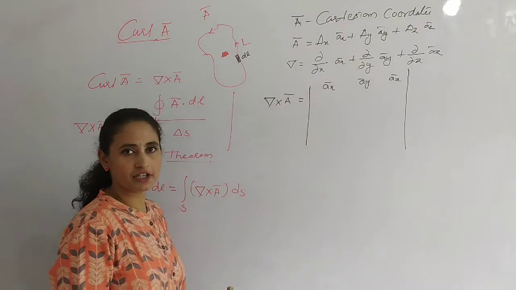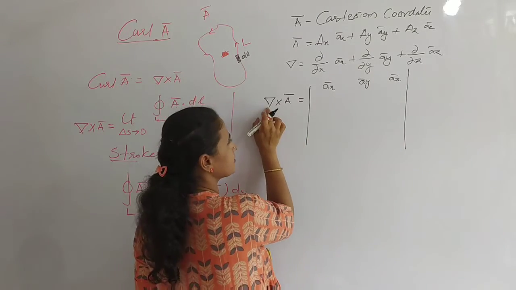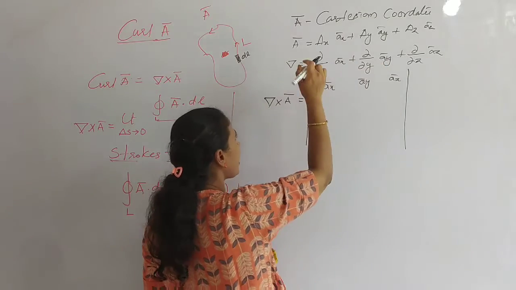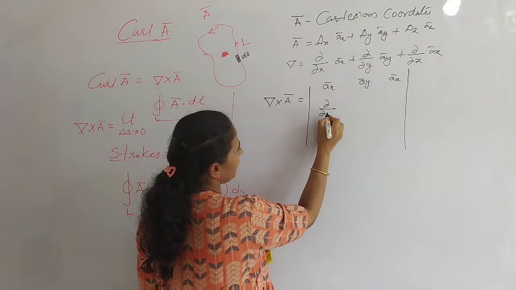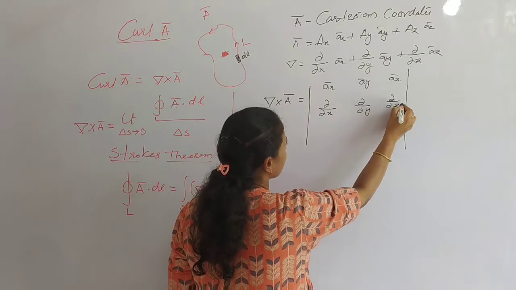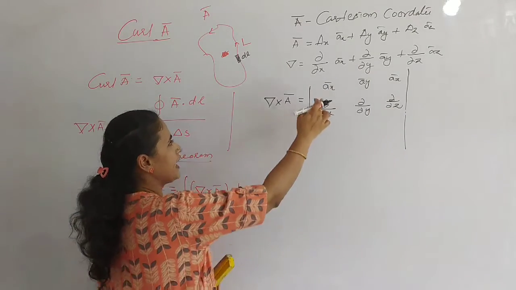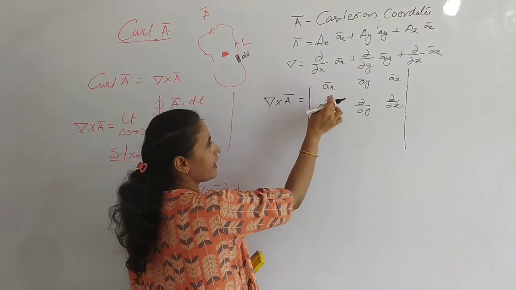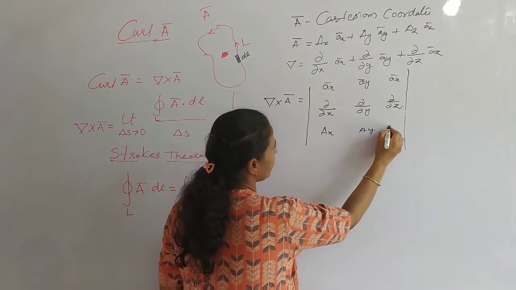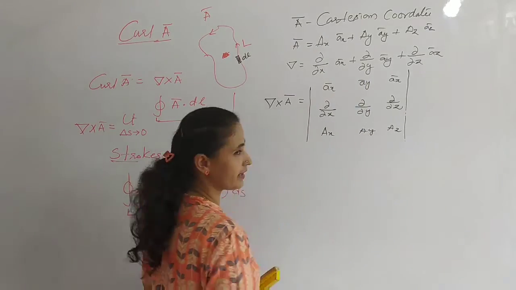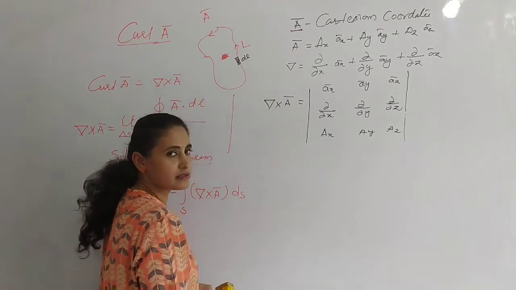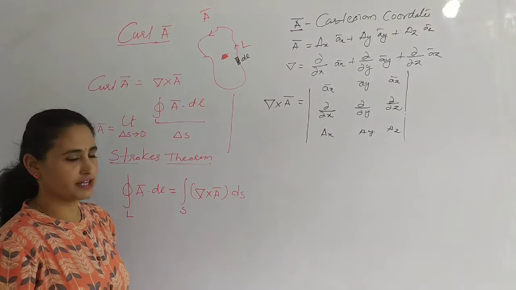In the determinant we write all the unit vectors in the first row, then dou by dou x, dou by dou y, dou by dou z for del, and the magnitudes of A bar in x, y and z: Ax, Ay and Az. This is for a vector A bar in the Cartesian coordinate system.